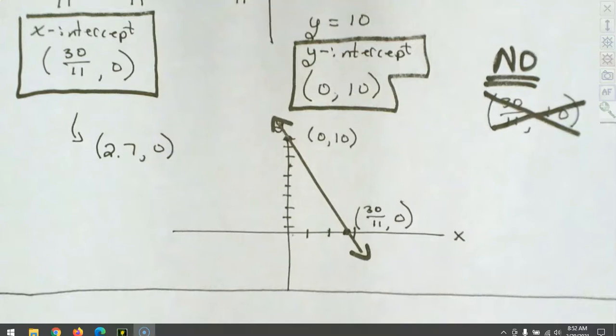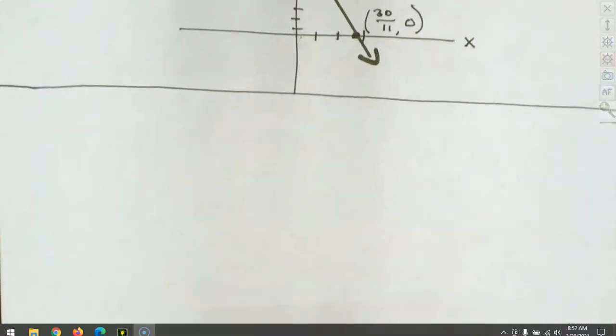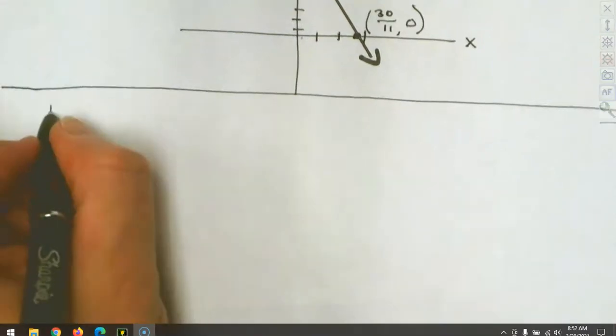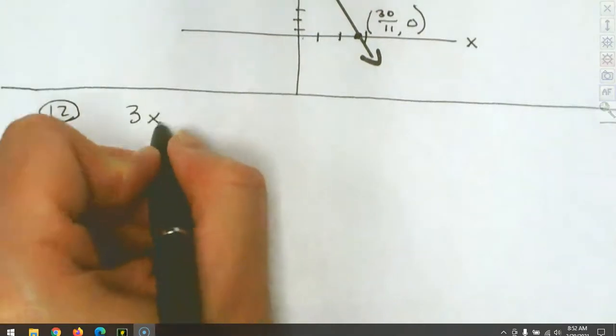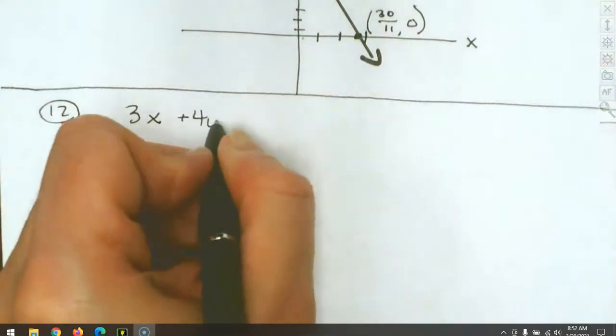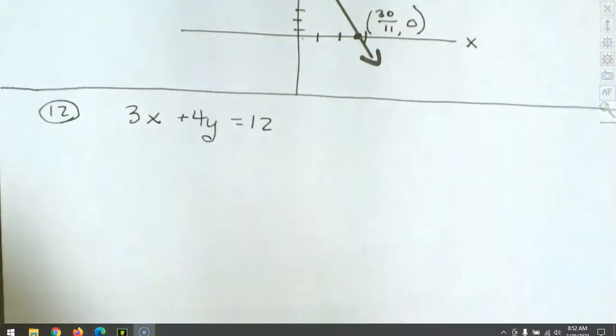12. Okay, 12, we need to complete the ordered pairs. So for question 12, we've got all these ordered pairs, and we're going to complete them. So we've got 3x plus 4y equals 12, and we're going to do each one.